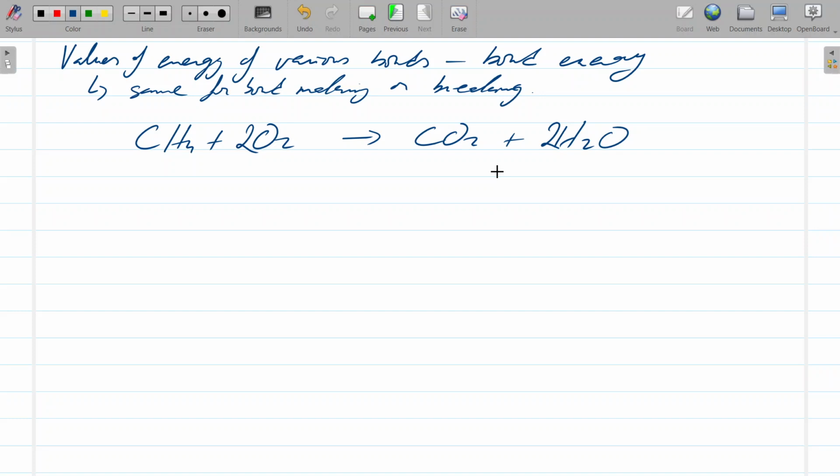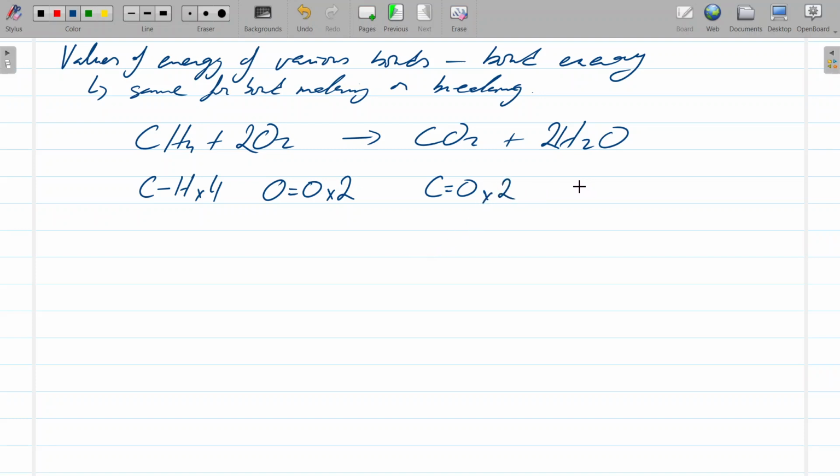Now, how many C-H bonds are over here? 4. How many O=O bonds are here? 2, because there are two molecules of oxygen. How many C=O bonds are there? 2.